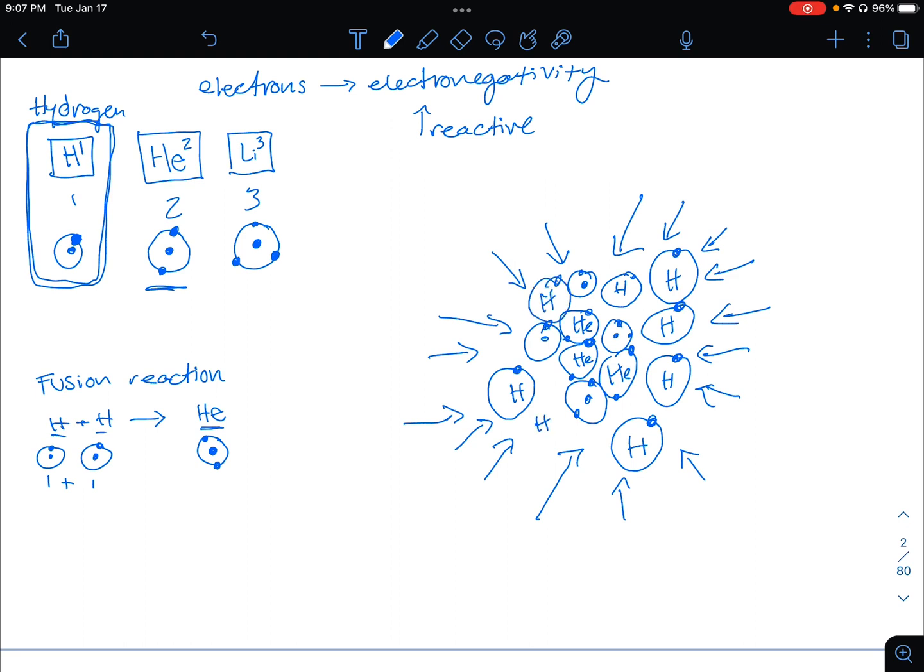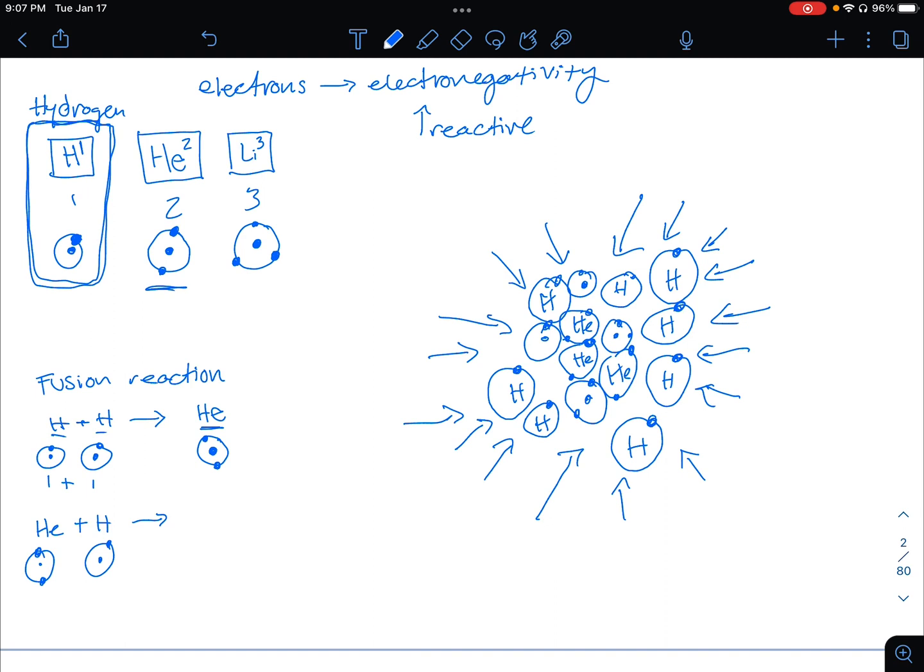More hydrogens are still coming together into these clouds, but we have clouds of helium. Helium is now a bigger atom, so it has a bigger mass. So now we have all of these heliums in the middle and all these hydrogens on the outside. So what if we have a helium and another hydrogen? So we have a 2 electron atom and a single electron atom.